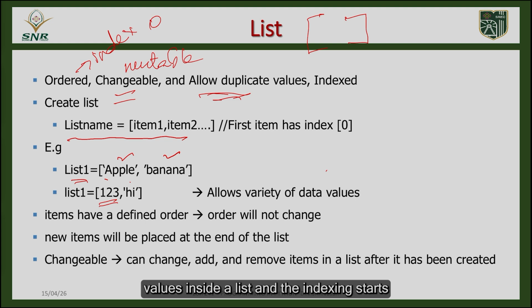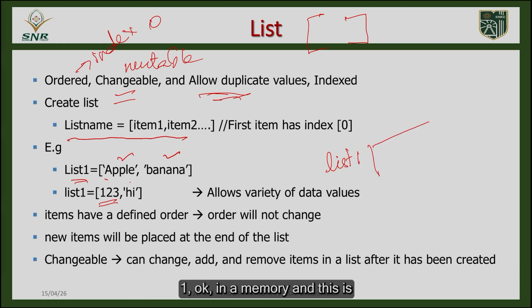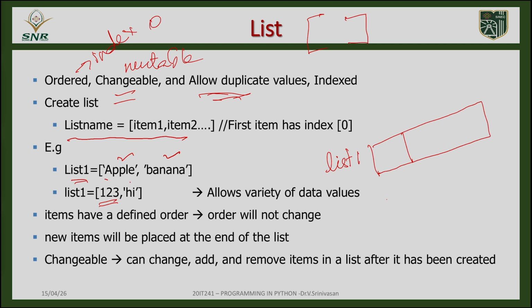And the indexing starts from 0. We will consider a list named list1 in memory, and this is how it is allocated in memory. This is list1 of 0, and this is list1 of 1.